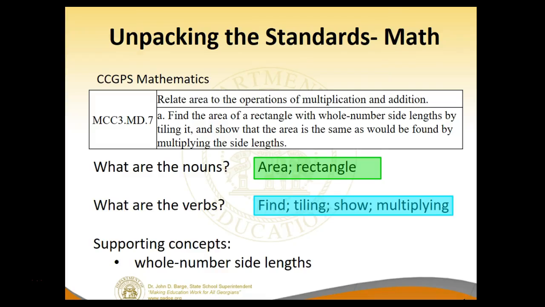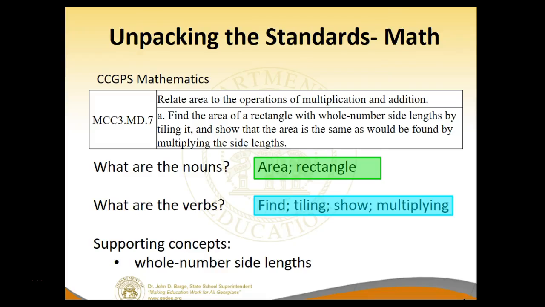If this is a fairly new concept, the concept of area, we probably have talked before this about perimeter being the distance around the outside of a shape, but area is probably a newer concept. Maybe a good time for a post-it note prediction. That would be a great assessment tool to see what their thinking about area is. And then on that post-it note, you could have them say, what's a rectangle?